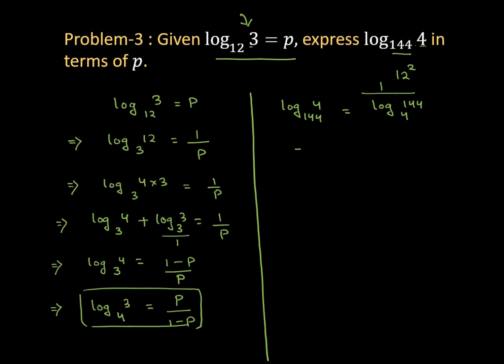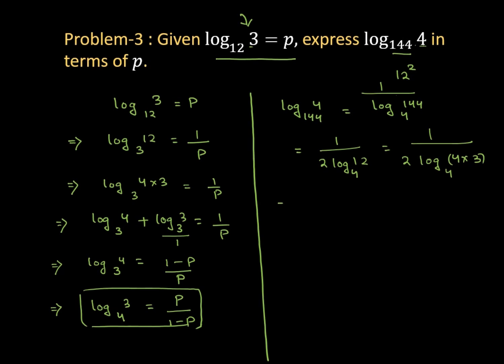So this can be further written as 1 over 2 times log of 12 base 4. Now if I split 12 as 4 times 3, you obtain 1 over 2 log of 4 times 3 base 4.